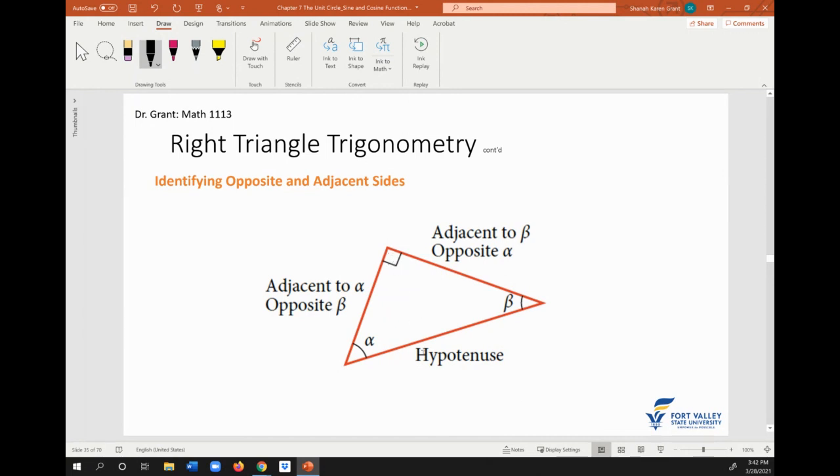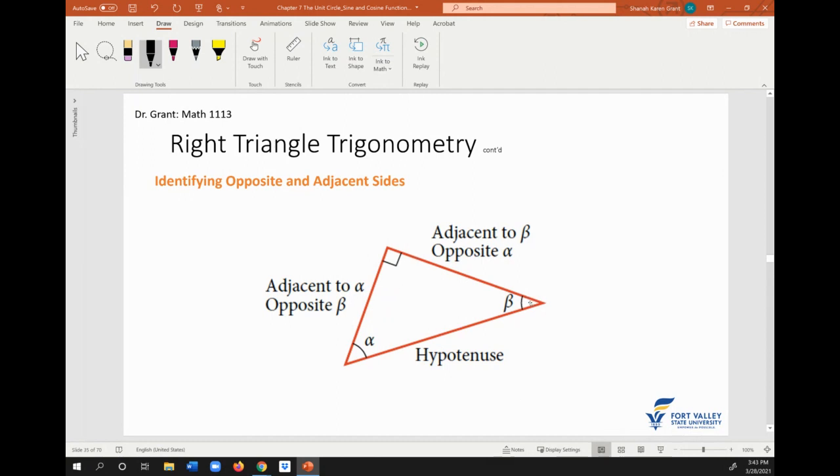So your hypotenuse is going to be the side that is directly across from your 90-degree angle, regardless of how the triangle is drawn. Your adjacent side depends on where your angle is, right? So after you establish your right angle, then there are 2 additional angles in the triangle. Depending on which angle, you have corresponding opposite sides and adjacent sides.